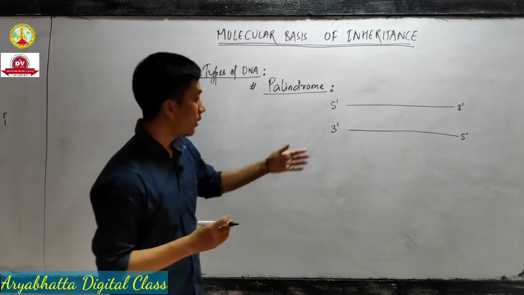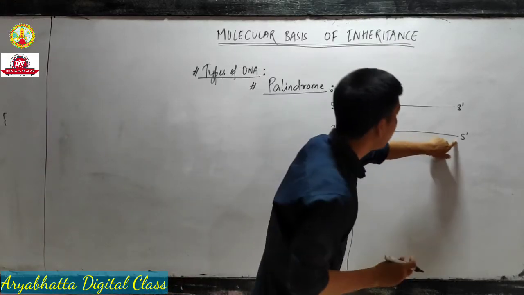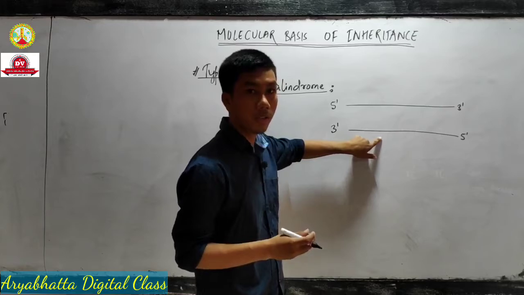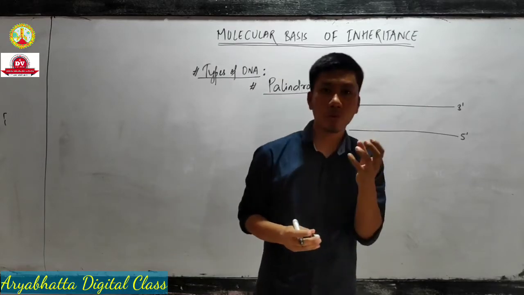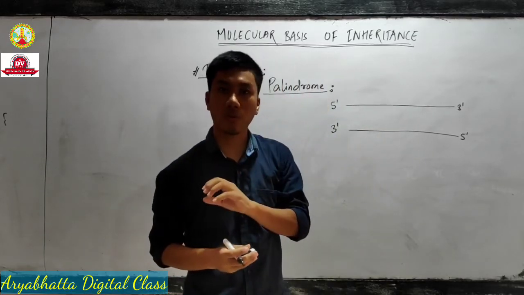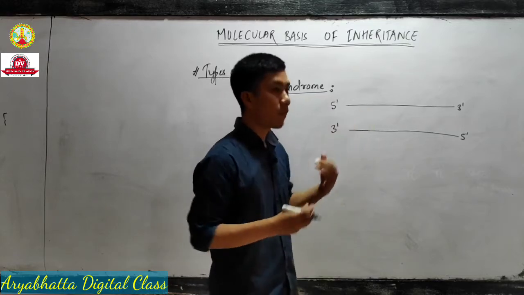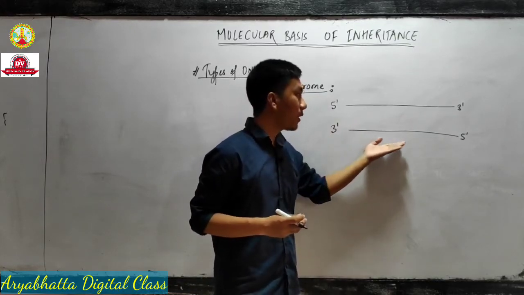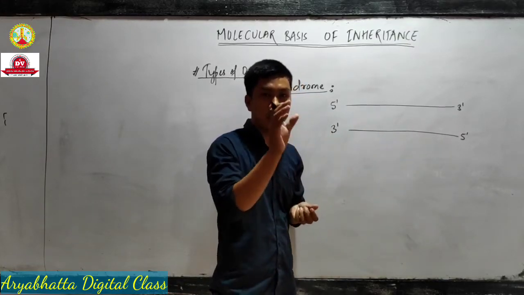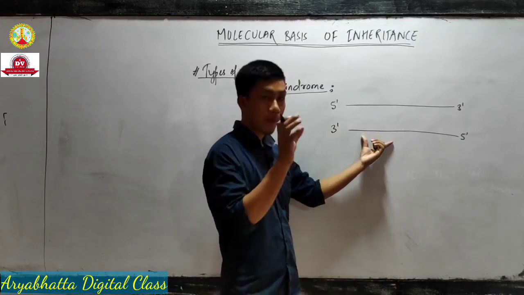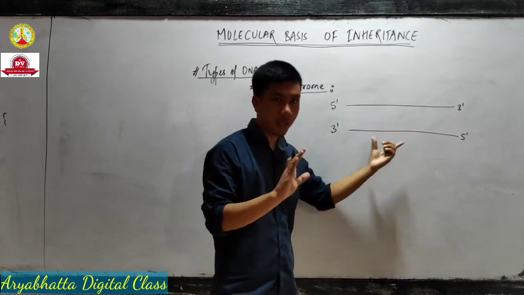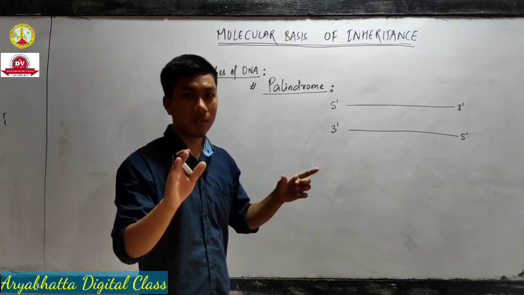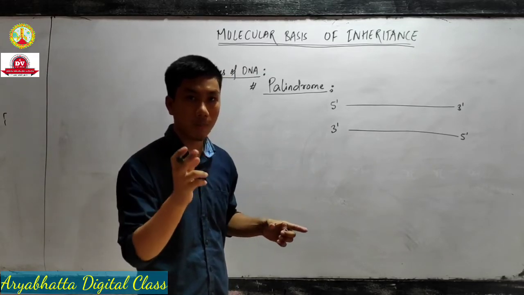This straight line that we are drawing is actually composed of a pentose sugar. For our concern we are making it a straight line, but actually it is a pentose sugar molecule, and it is not straight. Actually DNA is not a straight strand, it is a helical structure.